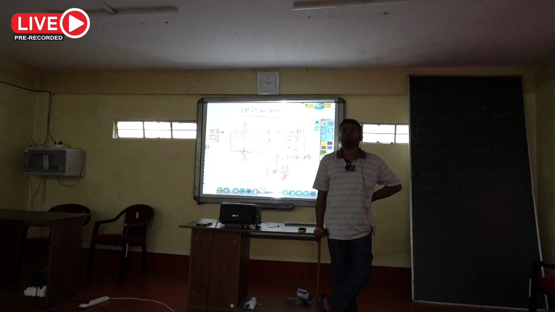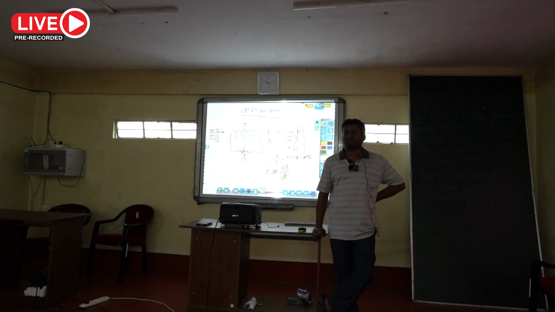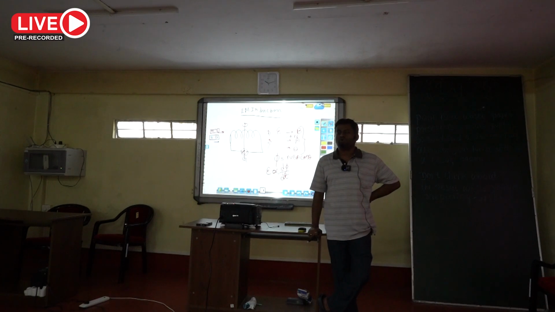It says induced current in a coil will flow in a direction so that it can oppose the cause of its production.